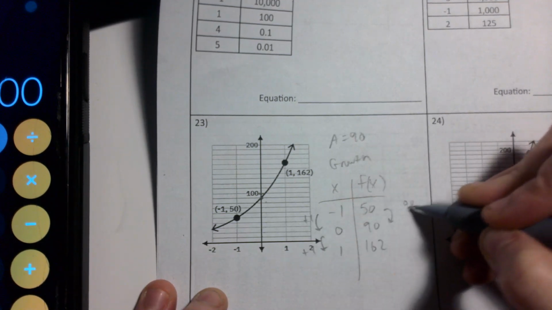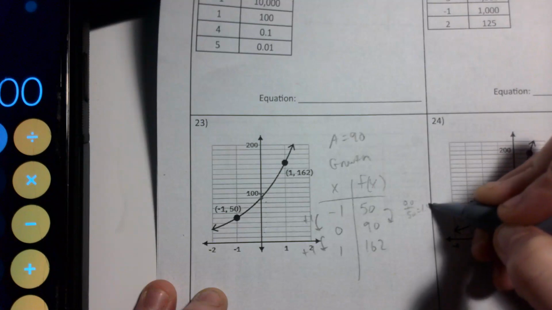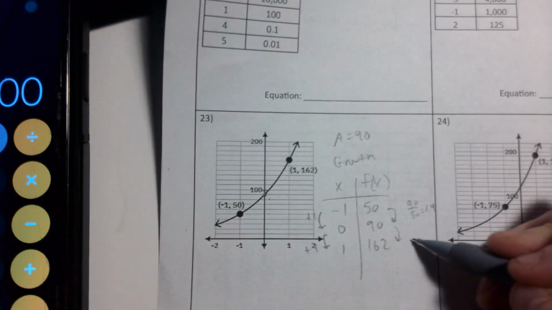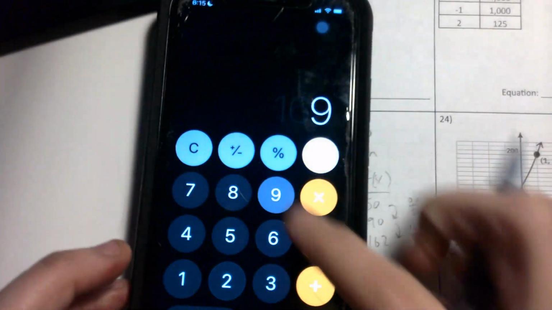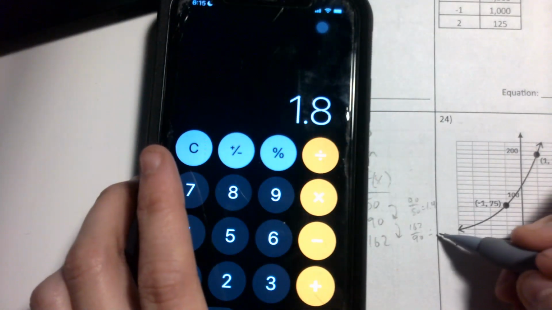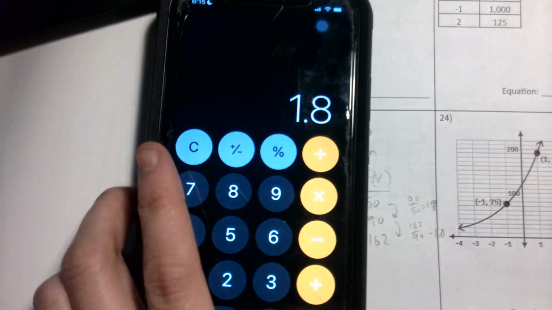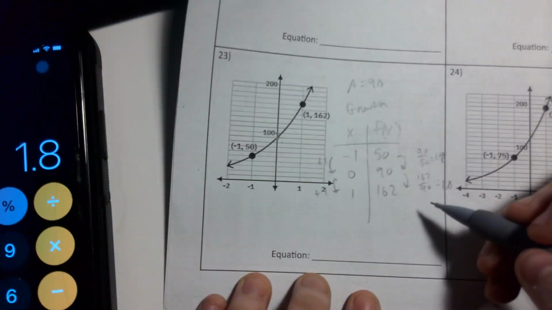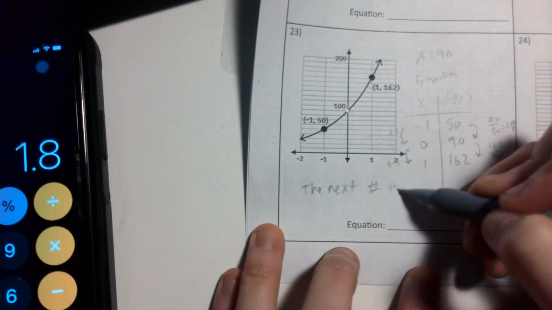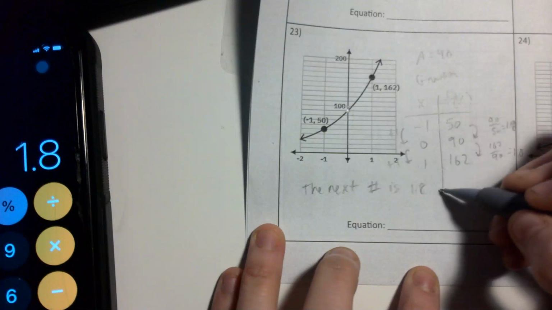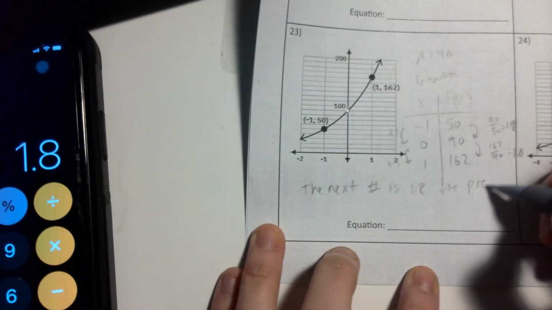We have 90 over 50 equals 1.8. 162 over 90 equals 1.8. So the next number is 1.8 times the previous.